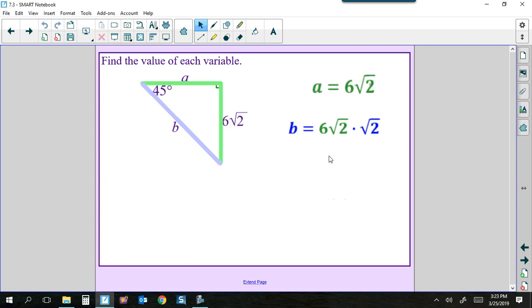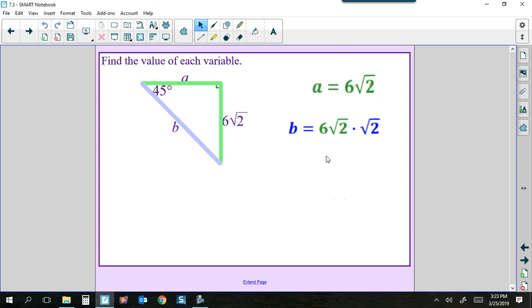Think of it like this: anytime you have something times itself, x times x, it becomes x squared. And what undoes the square root? Squaring.